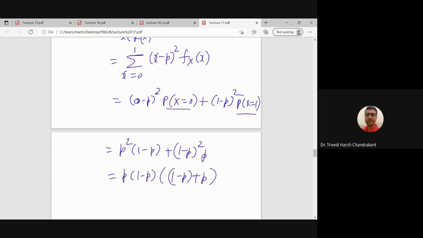So for the Bernoulli random variable, we have found the mean is p and the variance is p times (1 minus p). This was the easy example because there were only two values in the range of the random variable.